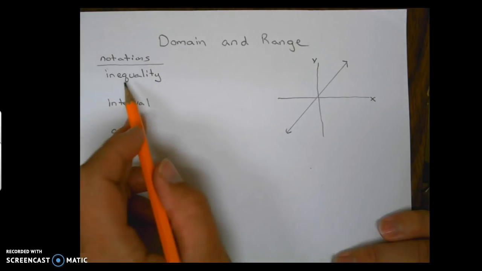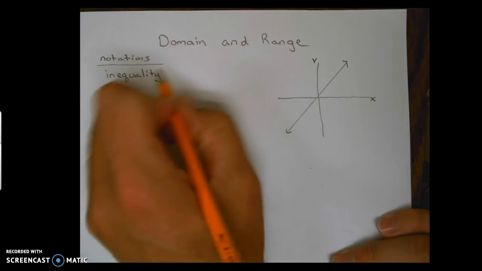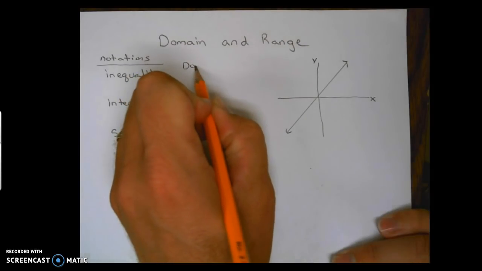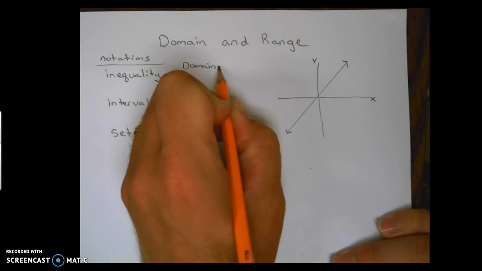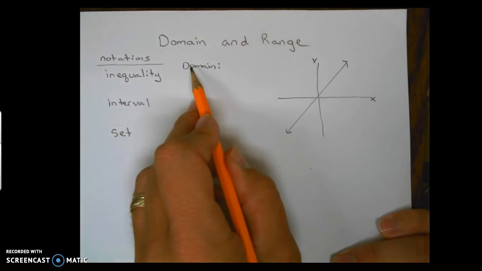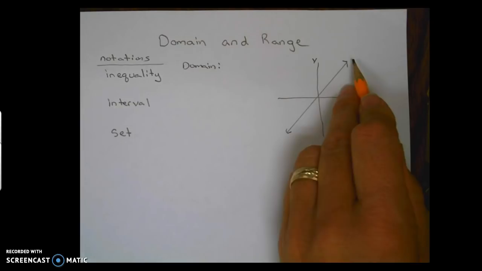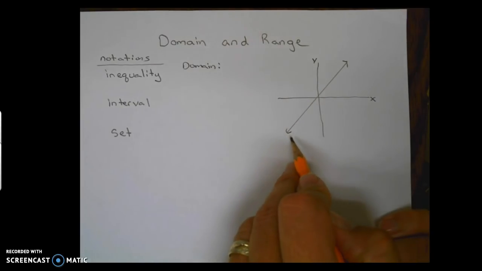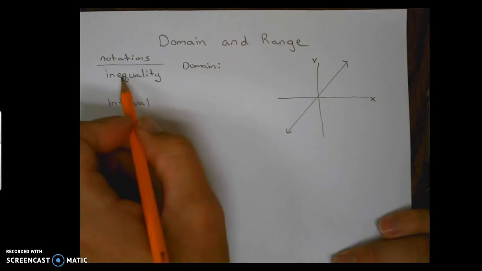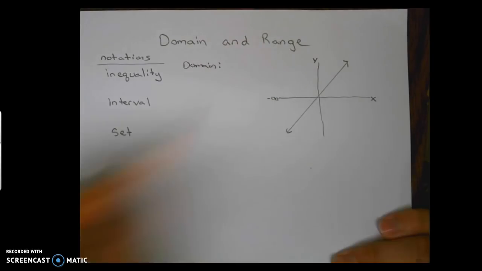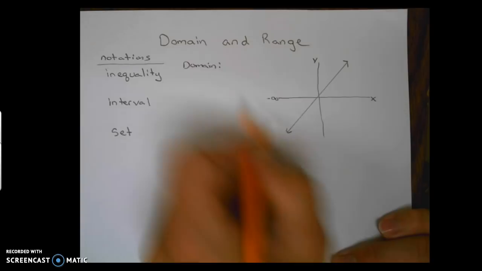So in order to write the inequality notation for the domain, remember that domain always goes from the left to the right. So left, we have an arrow, so we're going to go to negative infinity on the left side.